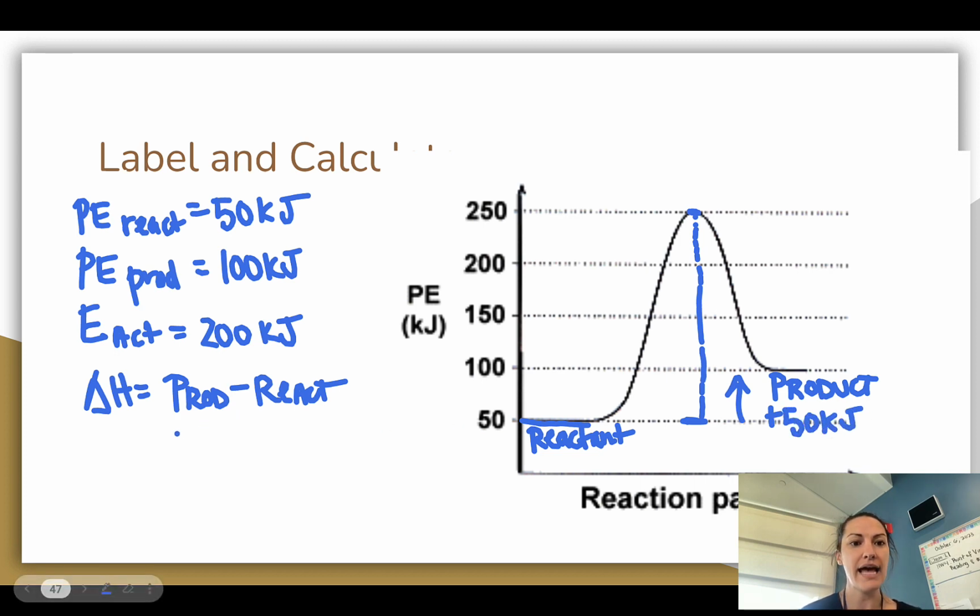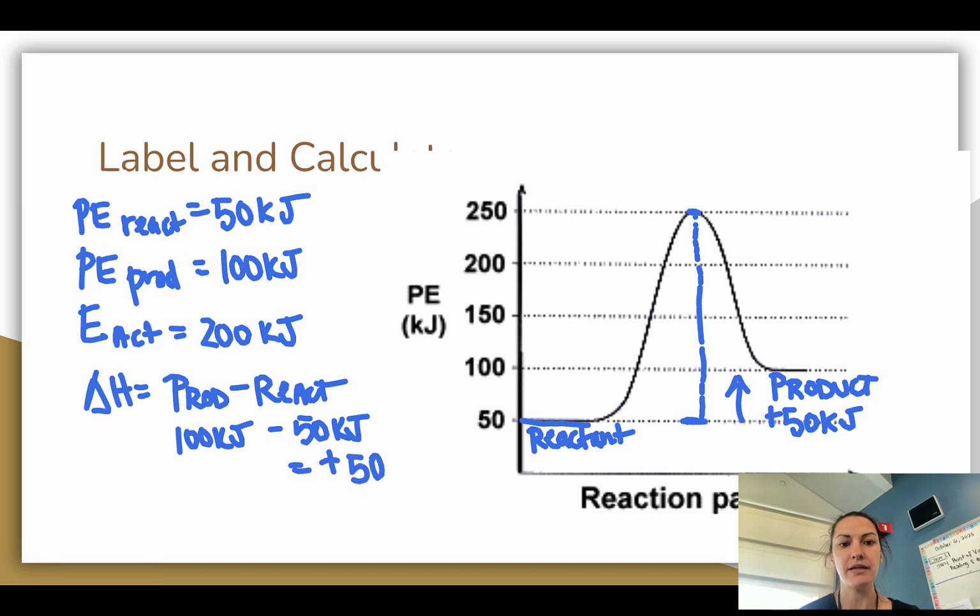So the way we did that is we did 100 kilojoules minus 50 kilojoules equals positive 50 kilojoules. For our heat enthalpy, we do need to indicate a sign, either plus or minus. So you can see here how the graph increases. The product's energy is greater than the reactant's energy. And so that's where we need that plus sign to say that it's increased by 50 rather than decreased by 50.